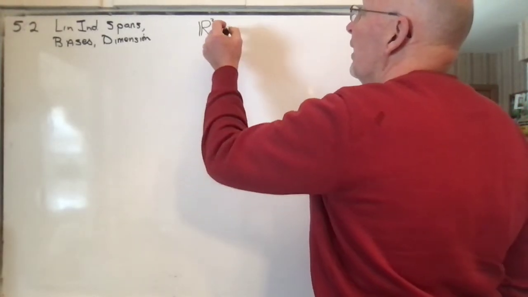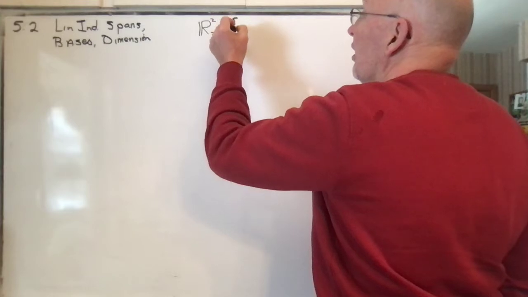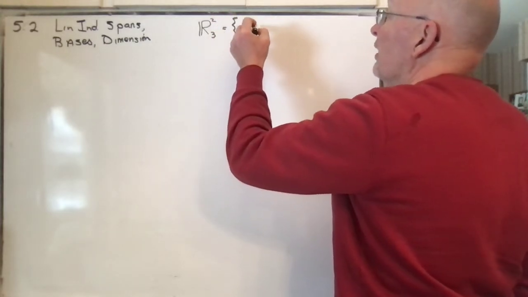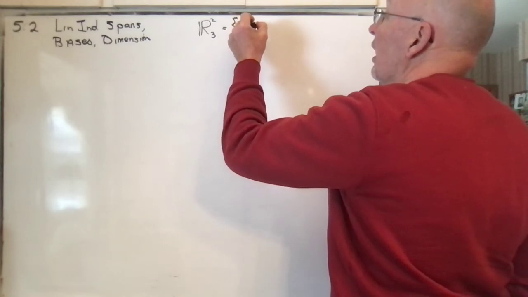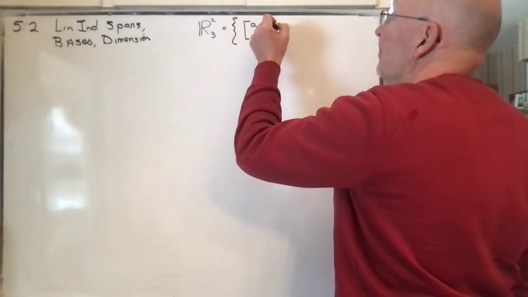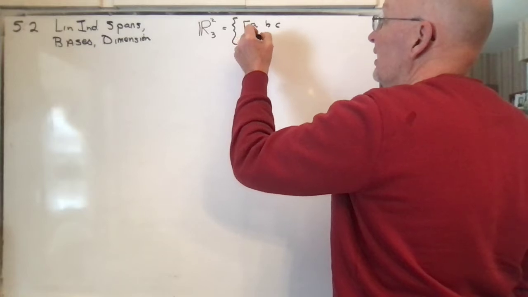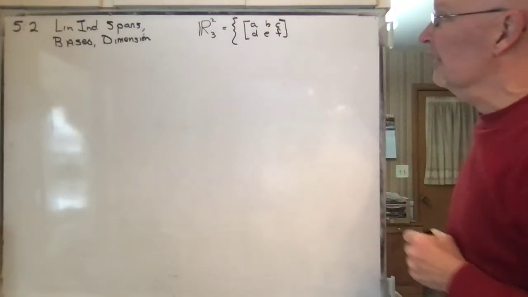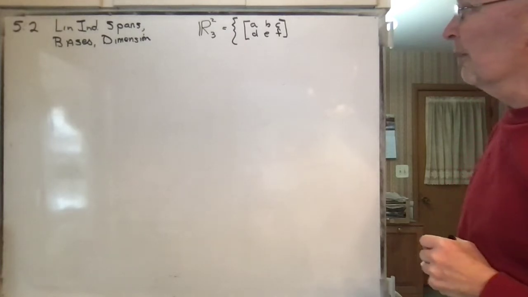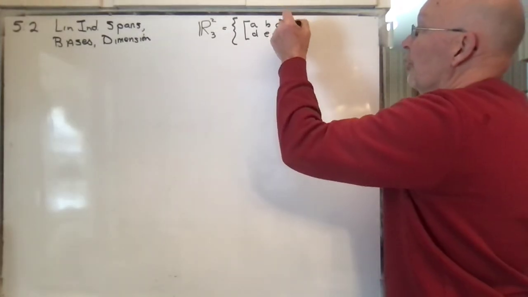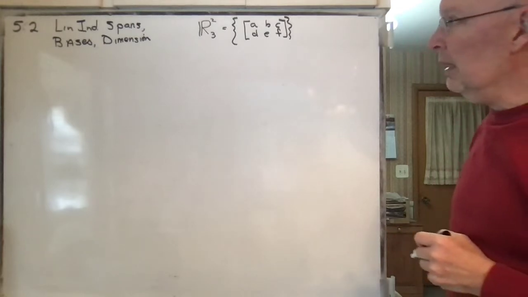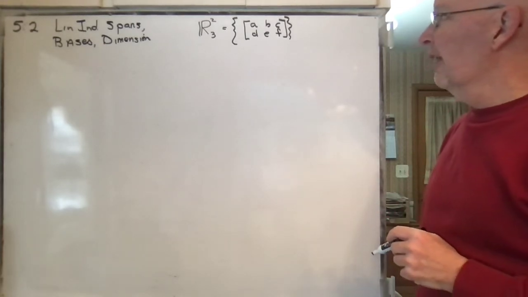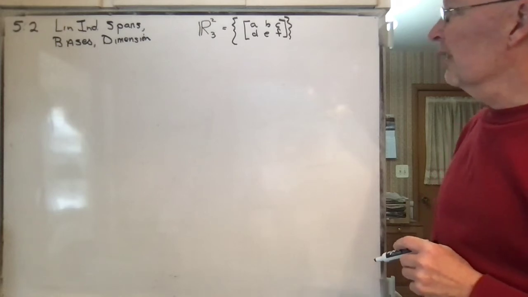So these are 2 by 3 matrices, which means they're things that have 2 rows and 3 columns. So I'll just call the entries A, B, C, D, E, F, just to be simple. It's things that look like that, where those are numbers. And that's going to be the vector space that we use to illustrate lots of things.